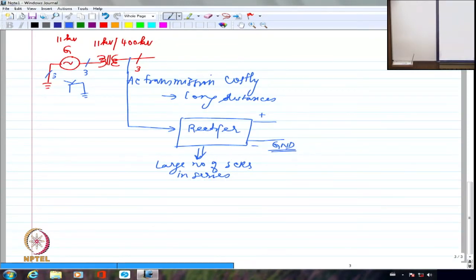So compared to 4 conductors, if I can bring down the cost by using only 1 conductor, obviously it makes better sense. So that is the reason why many of the large distance transmissions now are being thought about to be done with HVDC, high voltage DC transmission.